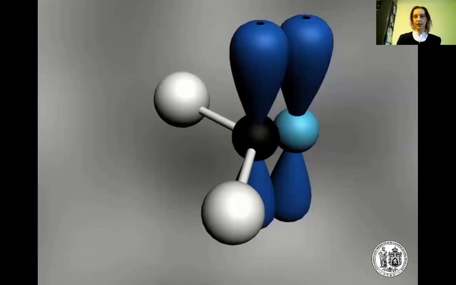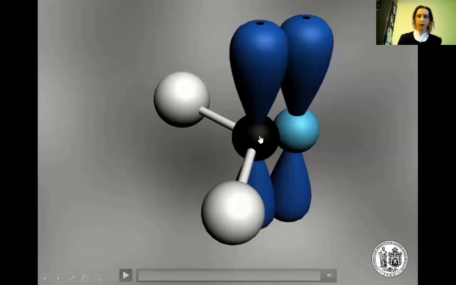And here I have a short clip about the attack of a nucleophile. Here we have formaldehyde. This is hydrogen, this is the carbon atom, this is the oxygen atom, and this is the pi bond. Here only unhybridized orbitals are shown.